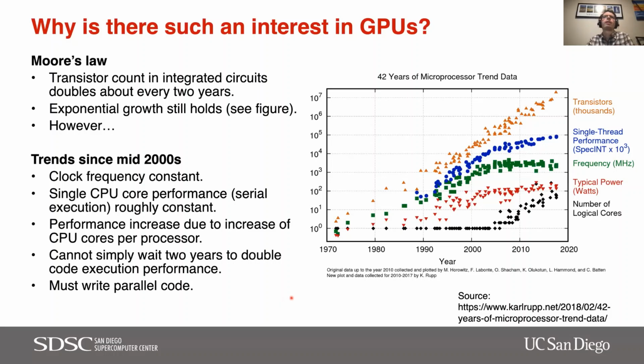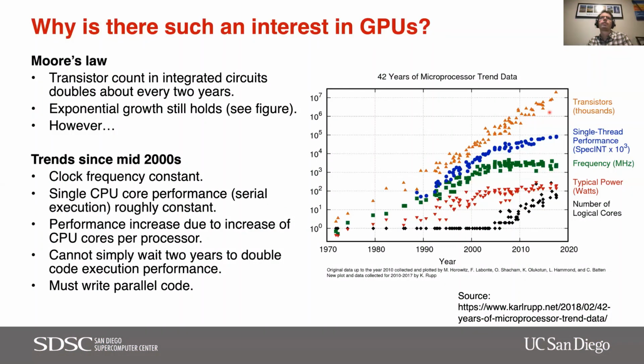And if we look at Moore's law, if you're familiar with that, it's basically the transistor count in integrated circuits doubles about every 2 years. So that's an exponential growth, right? And that still holds. So if you look at that plot here, it's not completely up to date, but what you see on here still holds effectively.